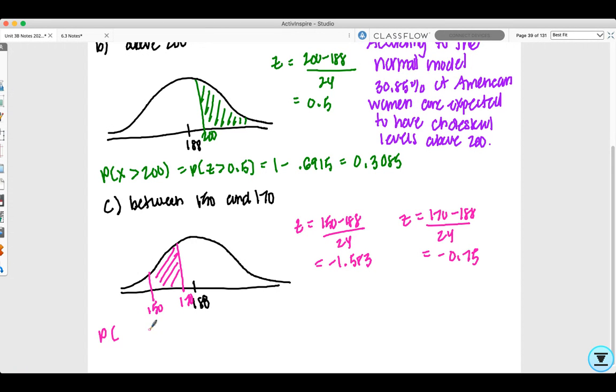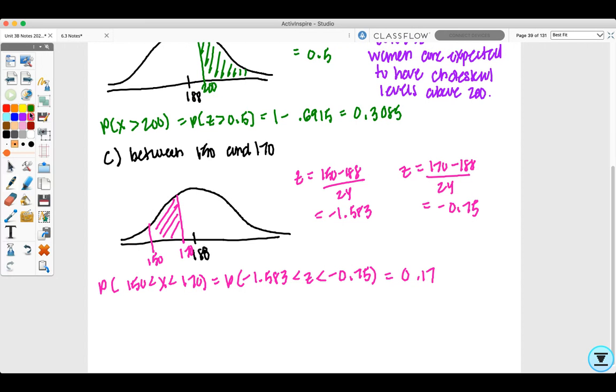So this is the probability that 150 is less than x, which is less than 170. When I standardize it, I get my z-scores of negative 1.583 is less than z, which is less than negative 0.75. And you go to the table, subtract the 2, and you should get 0.17.